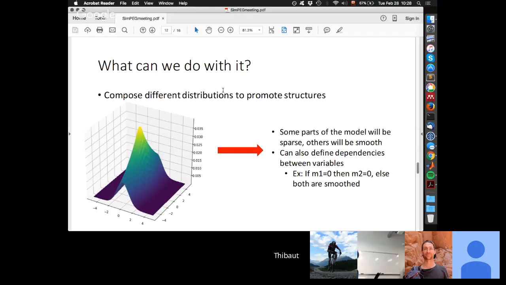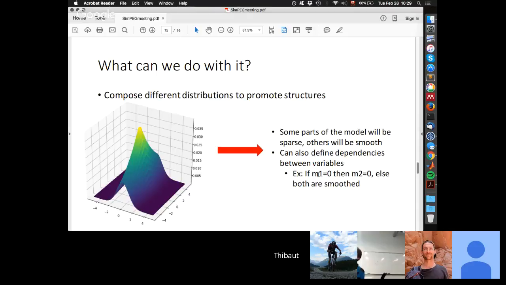This one is one slide for very complex things. I try to look at it. People in machine learning call that structured sparsity. The basic idea is that you apply different norms to different parts of your model. And you can even compose them, and you can even put the same parameter in different norms. So then you can deal with dependency between your model parameters.